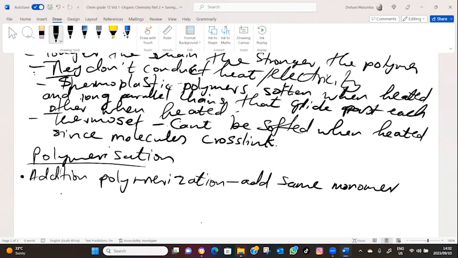For instance, if you add the ethyl, then you will have, this is how we write the notation for polymers.